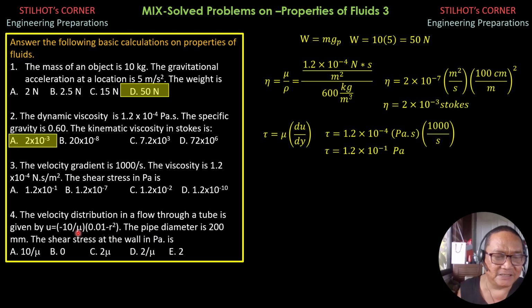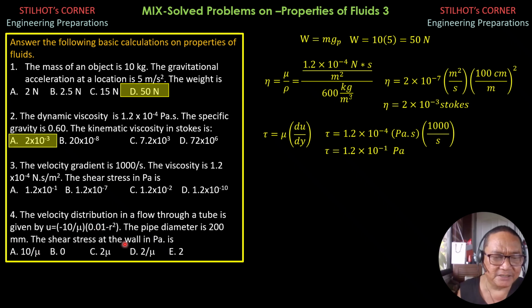And if this is the velocity gradient, the derivative of this with respect to r would give us unit of radian per second. So viscous shear stress, the shear stress is equal to viscosity times derivative of u with respect to r.